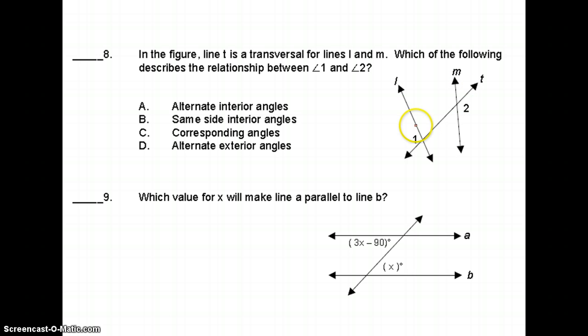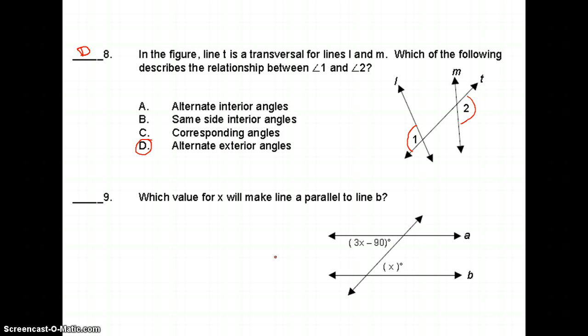We want to know what type of angles these are. Okay, first we'll notice that they are outside the two lines, so they're both exterior angles. And one is on this side of the transversal and one is on the other side of the transversal. So when they're on opposite sides of the transversal, outside the lines, they are alternate exterior angles, D.